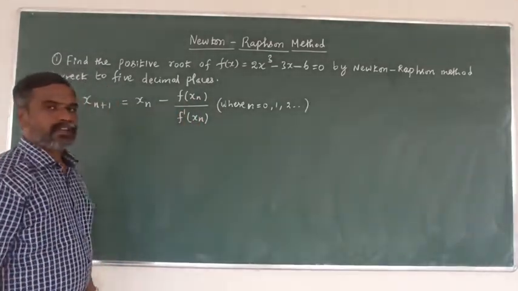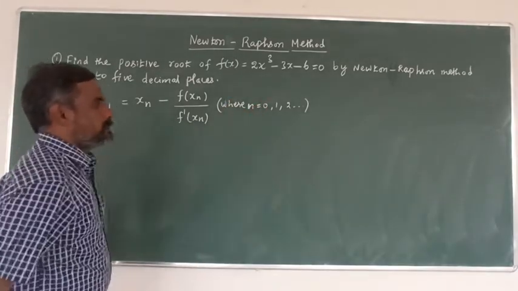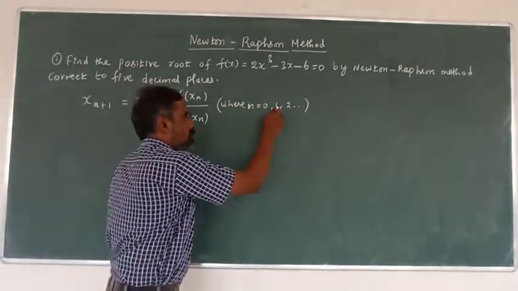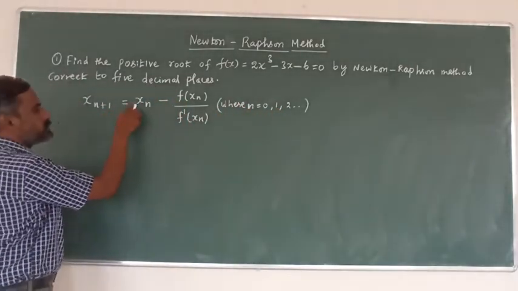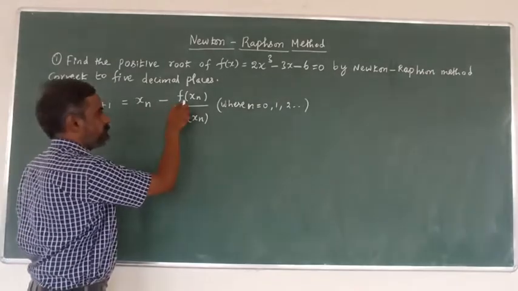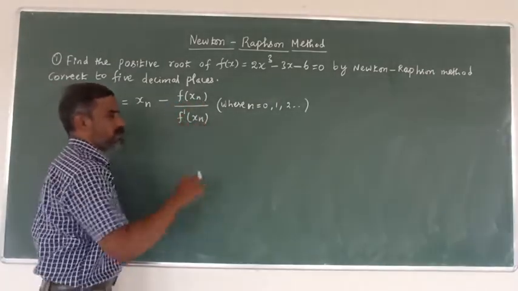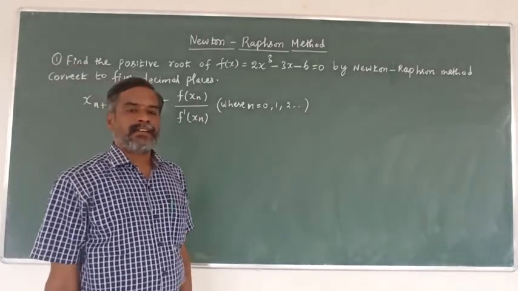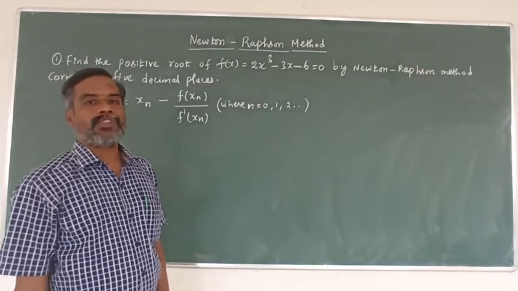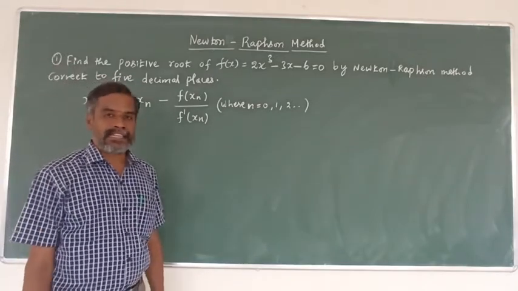This is for the 0 iteration. For the next iteration, x2 equal to x1 minus f of x1 divided by f dash of x1. Now repeat the same process till both iterations give the same result.